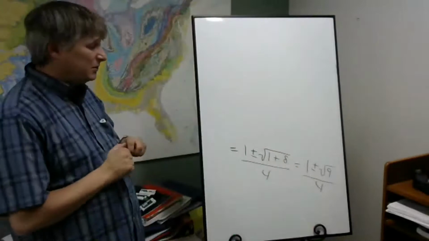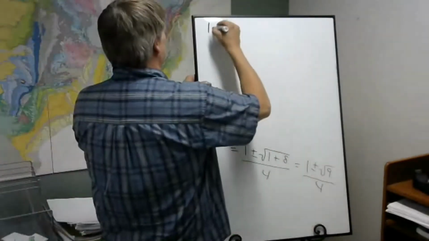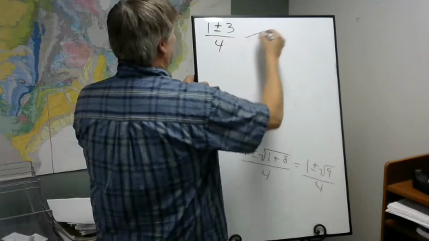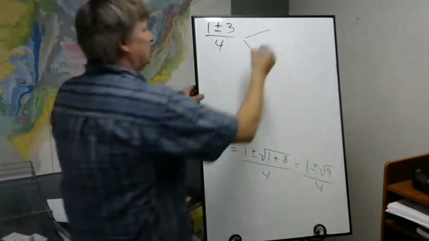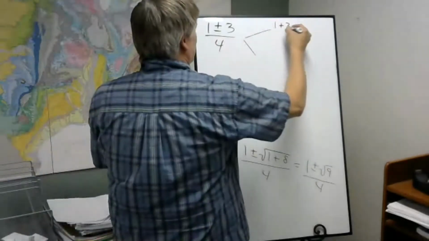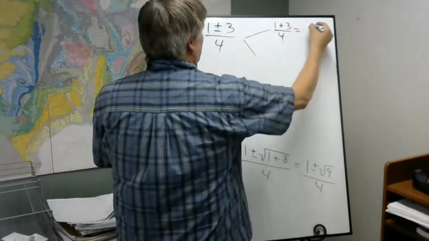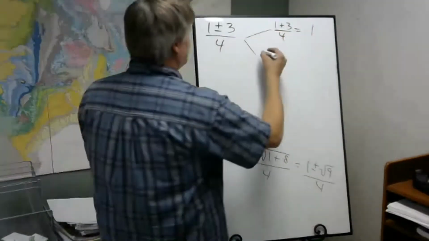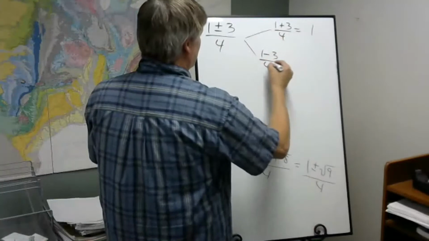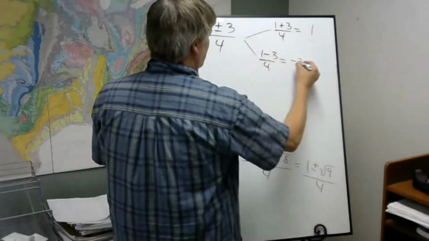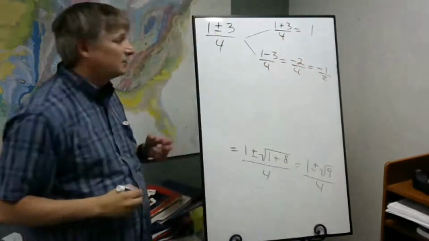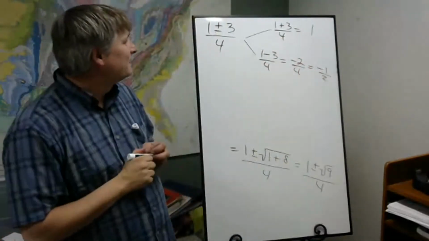So we're going to get two solutions here. We're going to have 1 plus or minus 3 over 4. If you go with the plus, this will become 1, we'll get 4 over 4. Go with the minus, you're going to get that.